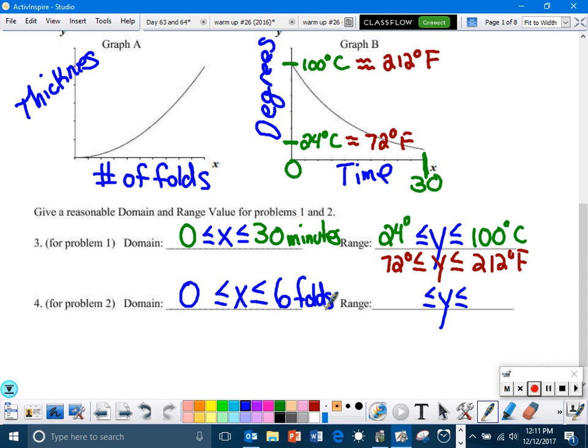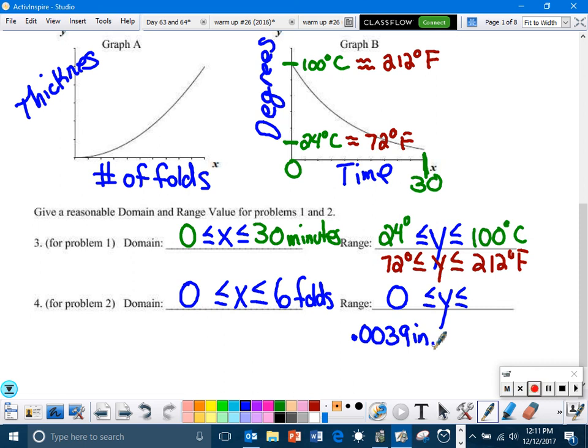Now, the thickness. Okay, well, you could say the thickness of the paper is 0, but technically there is a thickness to a piece of paper. I mean, it's really, really thin. So technically, the thickness of a piece of paper is 0.0039 inches. Okay, if you did not know that, now you do.